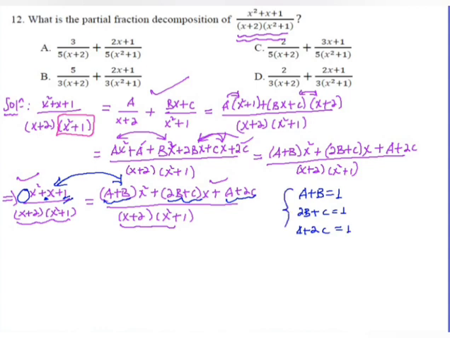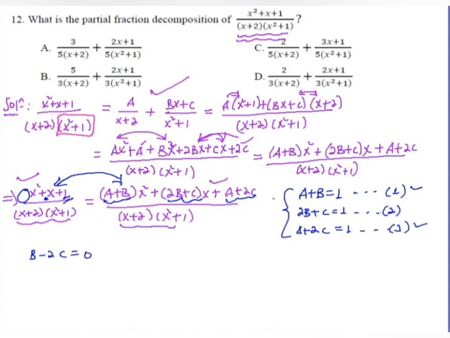So we need to solve these simultaneous equations of 3 variables with 3 equations. Call this the first equation, this the second equation, and this the third. If you take the difference between the first and the third, you get b minus 2c is equal to 0.